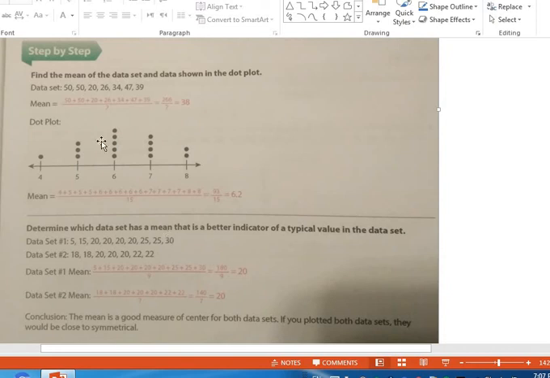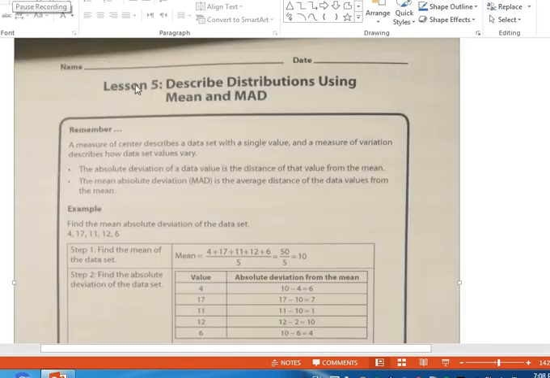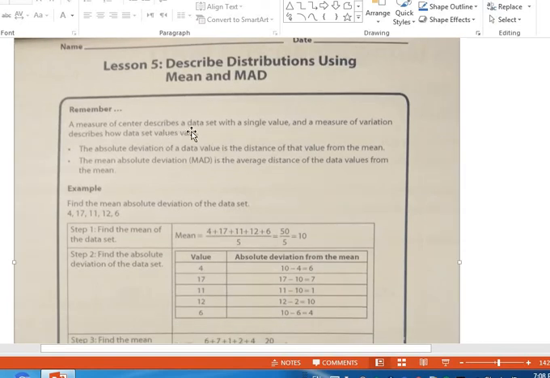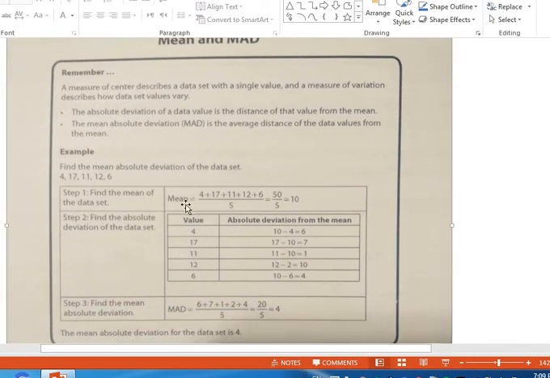Moving to the other lesson: describe distributions using mean and MAD. A measure of center describes a data set with a single value, and a measure of variation describes how data set values vary.